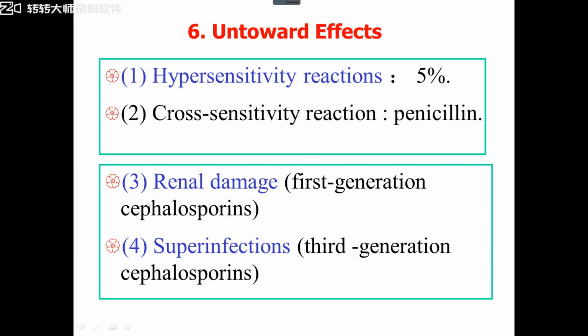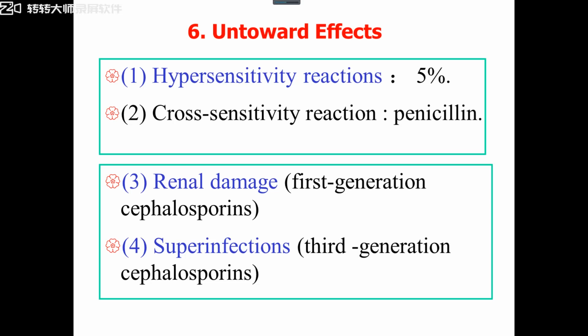The third one is renal damage. In fact, only the first generation cephalosporins have this adverse reaction. And here I should confirm: in the clinic, three kinds of antibiotics have obvious nephrotoxicity.